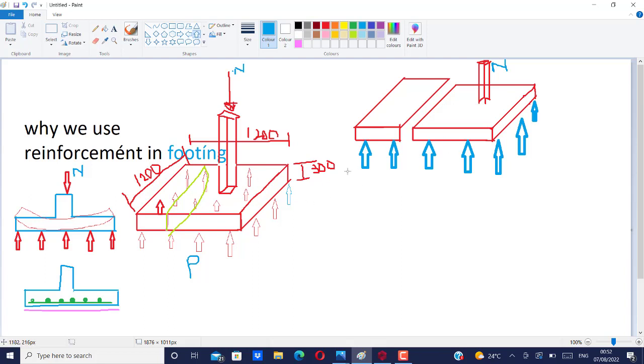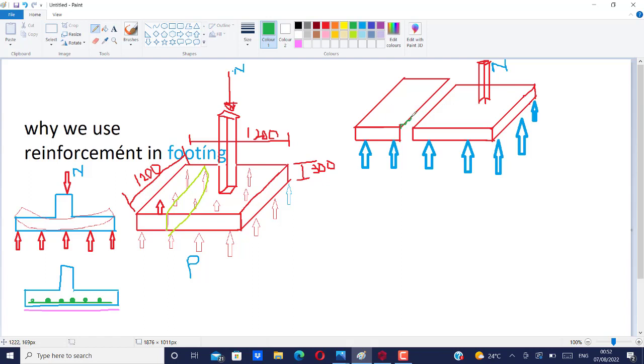Now, there is tendency that because of the action of this load and the reaction of the soil underneath the base area of this footing, this base area can shear into two, which is what I have drawn here.